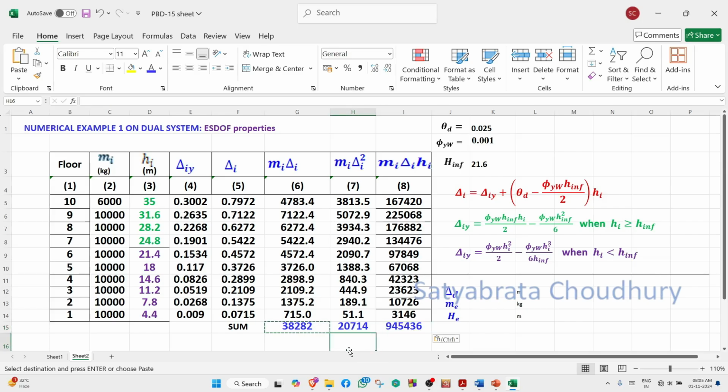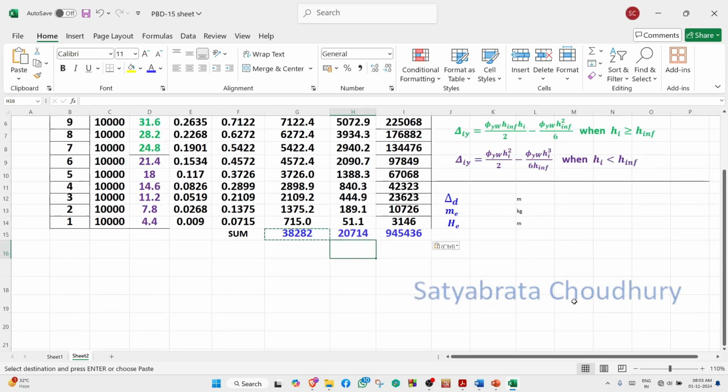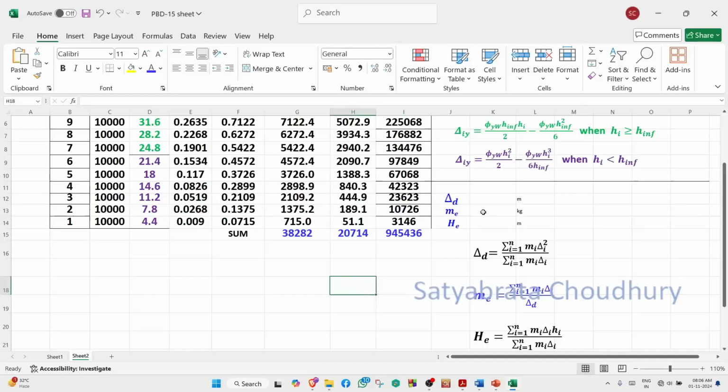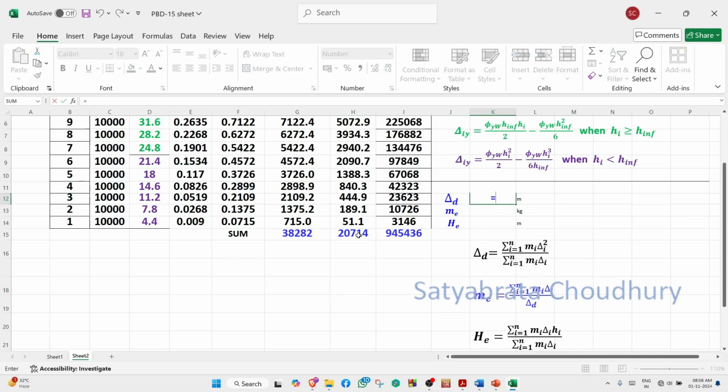Yes, so these are the summation of mi delta I square, mi delta I, mi delta I hi. So I want to find this calculation of delta D. This formula is available, summation mi delta I square divided by summation mi delta I. So the delta D equal to this divided by this summation.